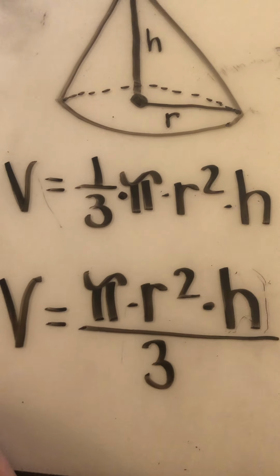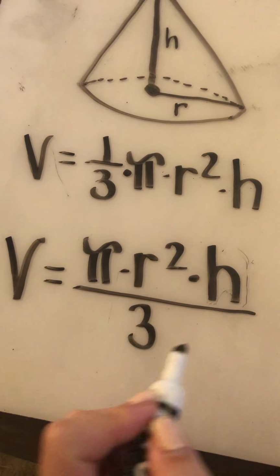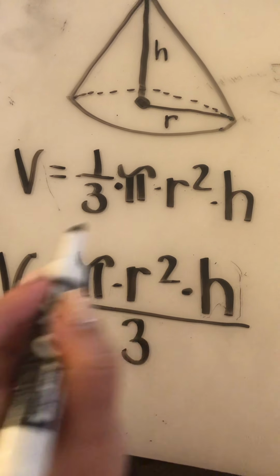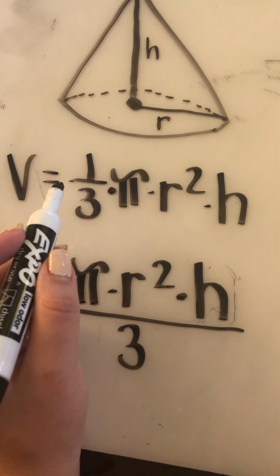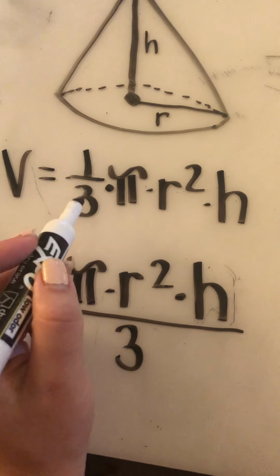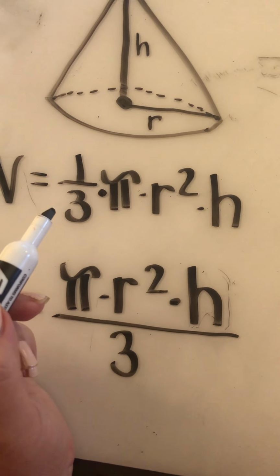So you'll see that come into play, but you will notice that I often refer back to this formula instead of this one, because if you try to use your phone calculator, 1/3 is a repeating decimal, right?